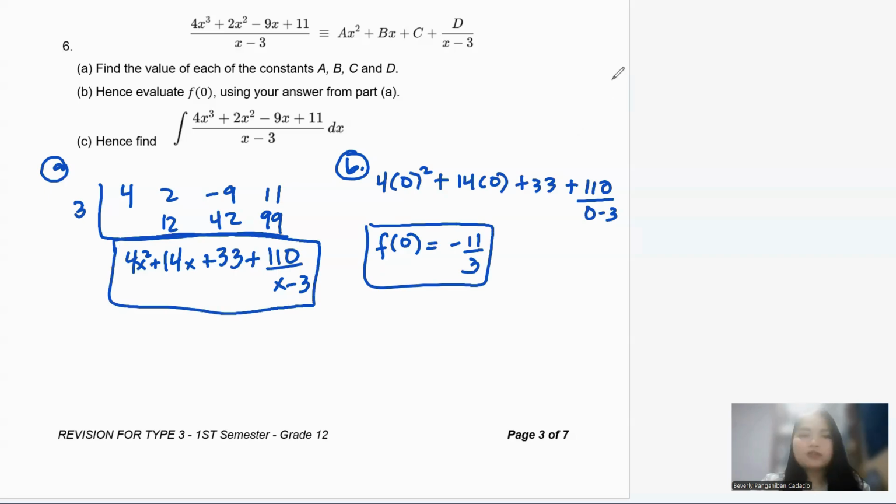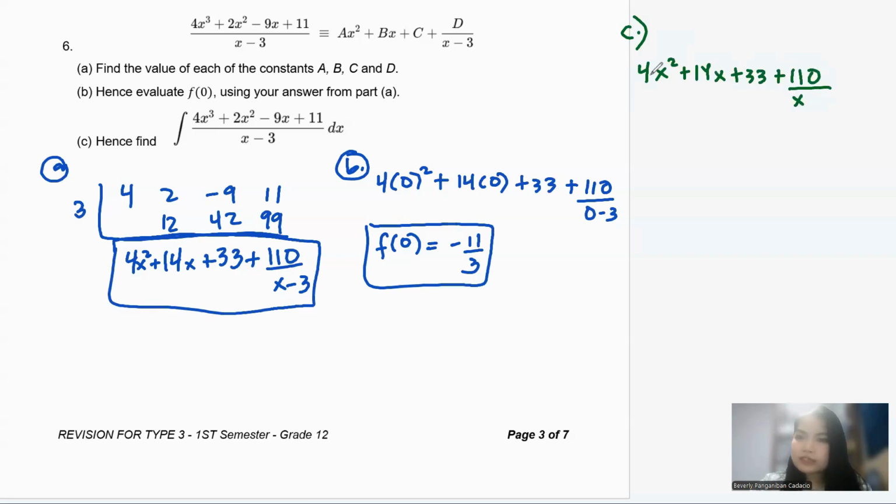Okay, now let's go with letter C. So what are we going to do? Let me just change the color for letter C. You're still going to use the answer here, and then you're going to integrate, and that is just going to be simple.